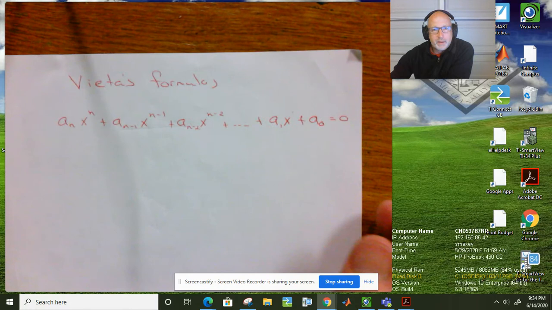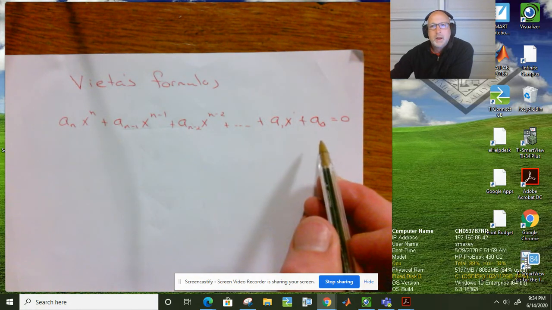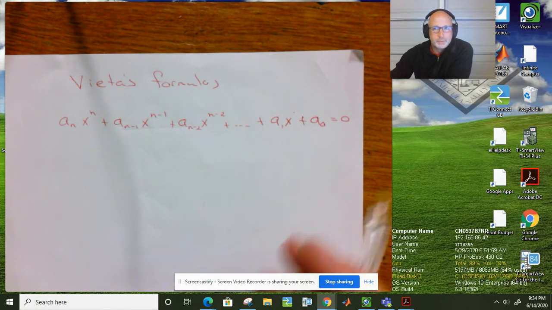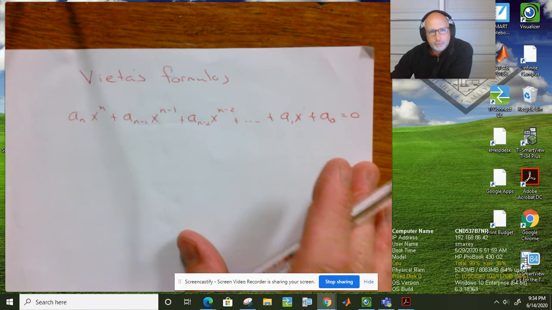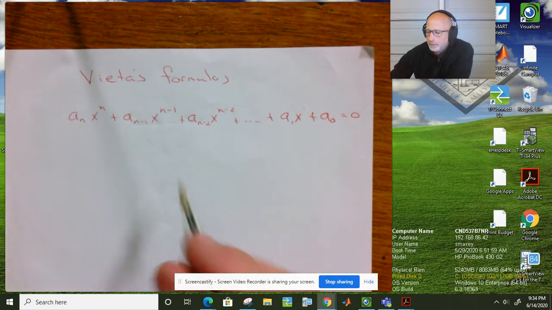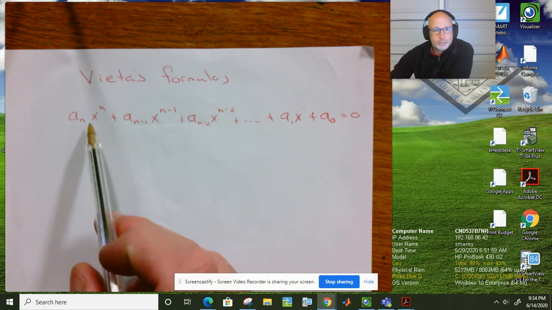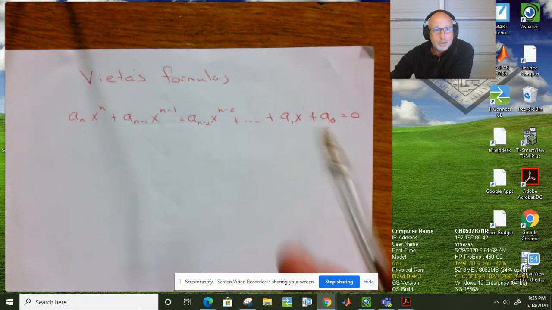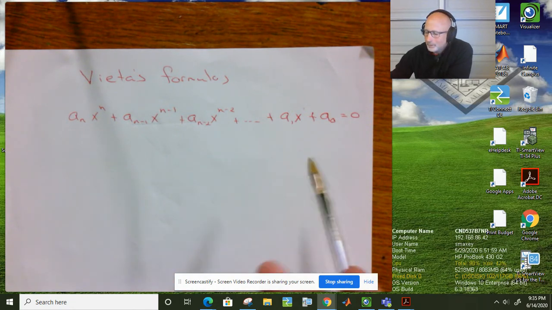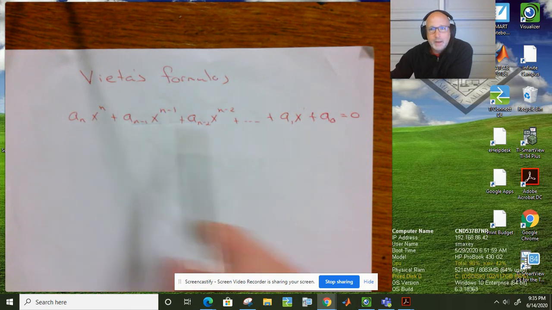If we have this nth degree polynomial, are there some relationships between the roots? Well, we know by the fundamental theorem of algebra that this polynomial has n roots. They may not be distinct roots, and they may not even all be real roots. Some of them could be complex, but it does have n roots.